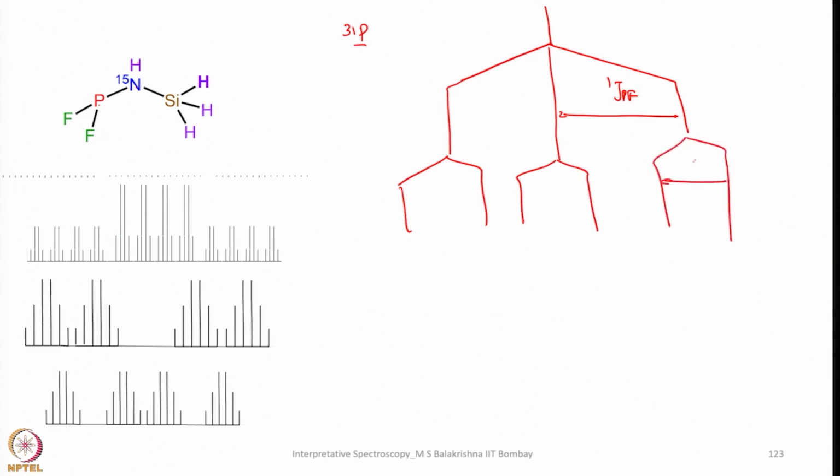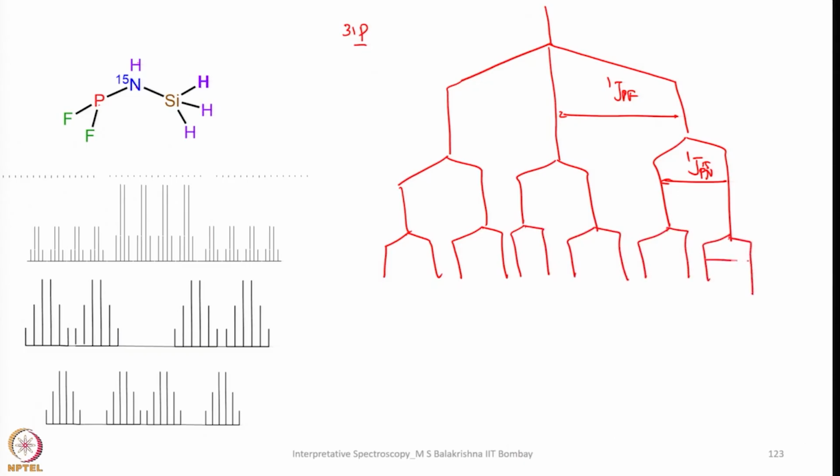This is your 1J PN coupling. Next we have 2J PH coupling. Each line will be split, so this is 2J PH coupling.